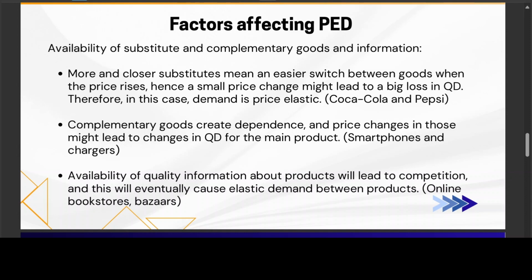And what does this lead to? This will always lead to very high competition, and people always want to buy at lower prices. So if there is very high quality of information about the various products, that leads to very price elastic demand of those products in the same category.